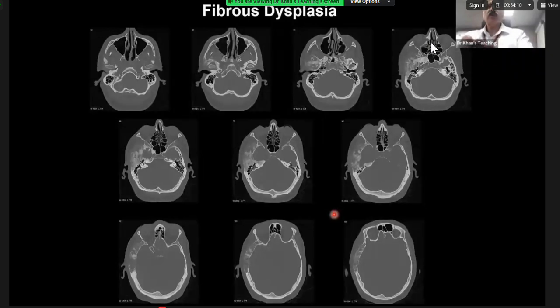So these are the two parameters. There is a type of fibrous dysplasia, radiological, which we call Pagetoid type of fibrous dysplasia, in which there are sclerotic as well as lucencies, and this will be difficult. Just on the basis of radiological factors, it will be difficult because it's not classical ground glass.